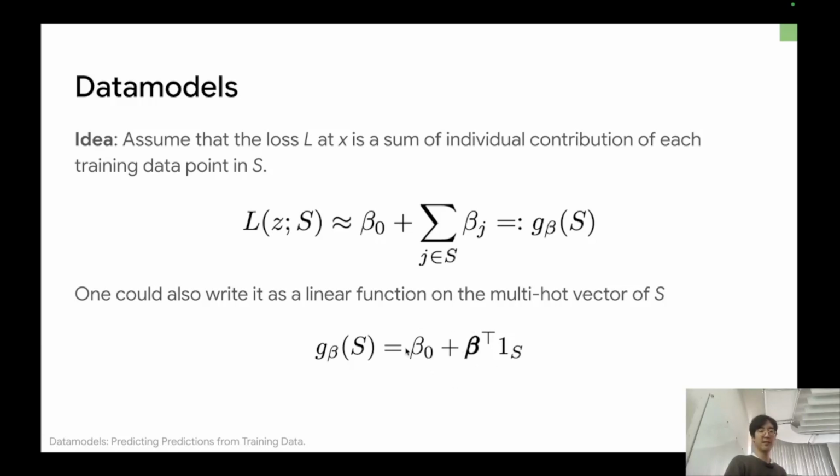The other way to write this down is g beta of S, which is the approximated function here, which is basically the linear dot product between beta as a vector and the indicator function, which is giving you element-wise 1 or 0, depending on whether the index is in S or not. Yeah, so that's a linear function with binary inputs.